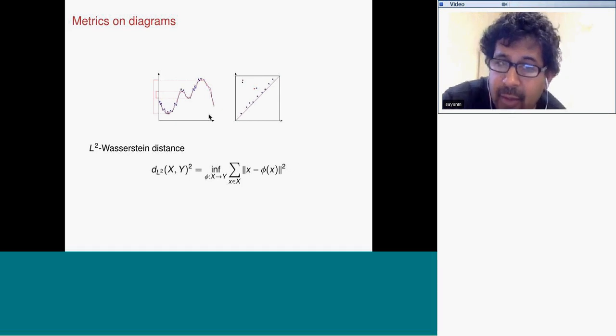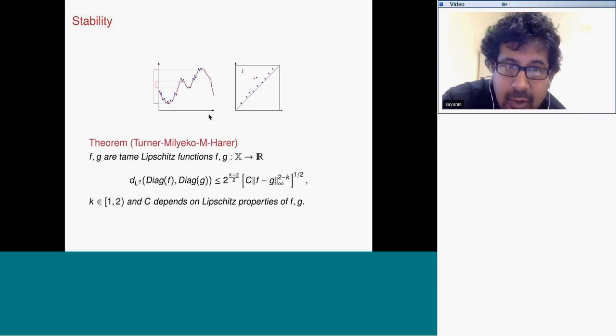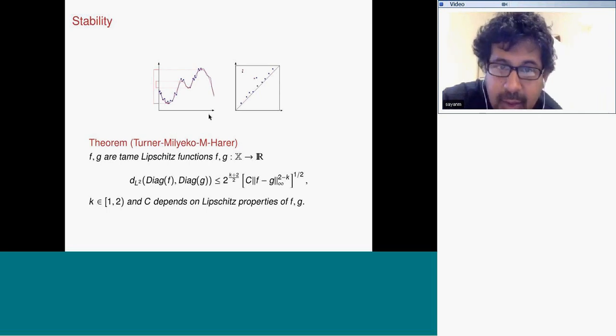So basically, you can have any Lp Wasserstein metric. There are other metrics, such as the bottleneck metric, and so on and so forth. Okay. Now, one of the things you can show, and this is just another form of something proven earlier by Cohen-Steiner, Edelsbrunner, Harer and others, is that if I have functions f and g that are Lipschitz, and if I control the L infinity norm between the functions, I control the distance between the diagrams.